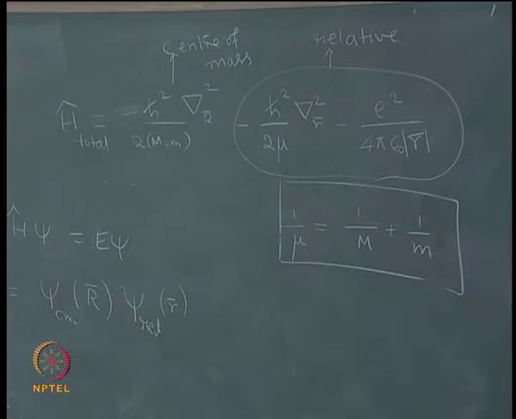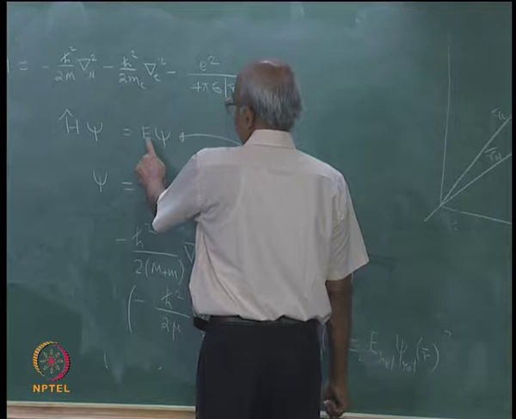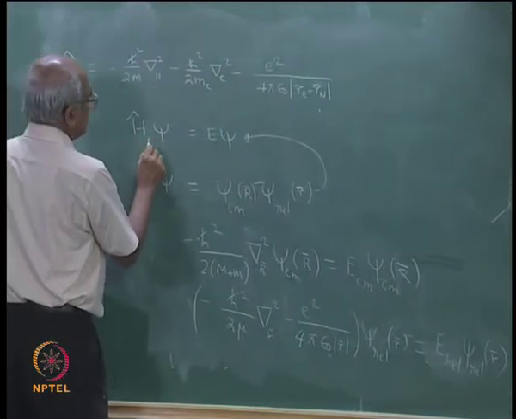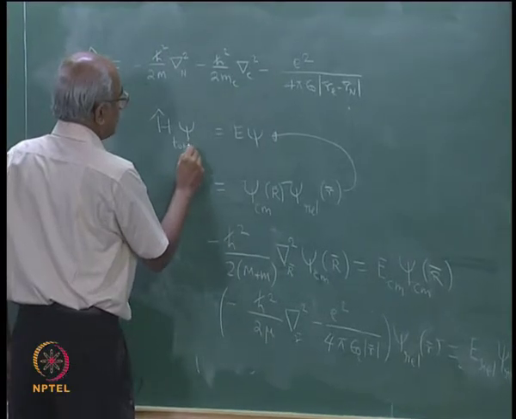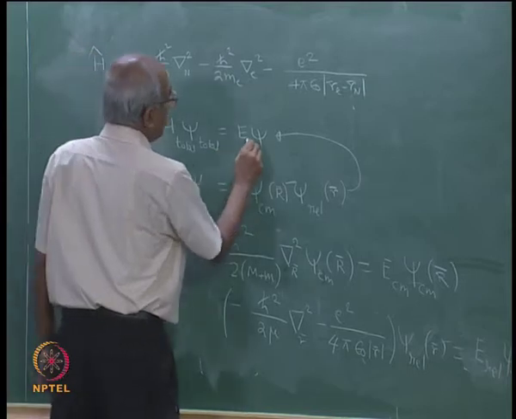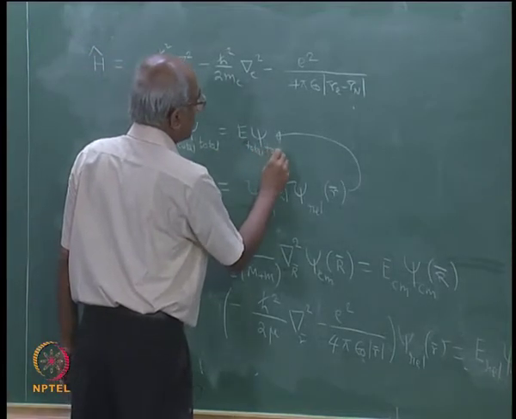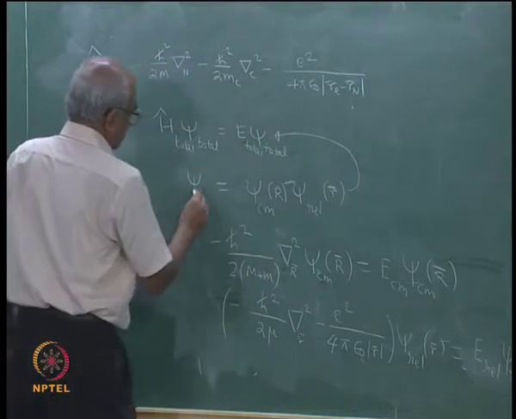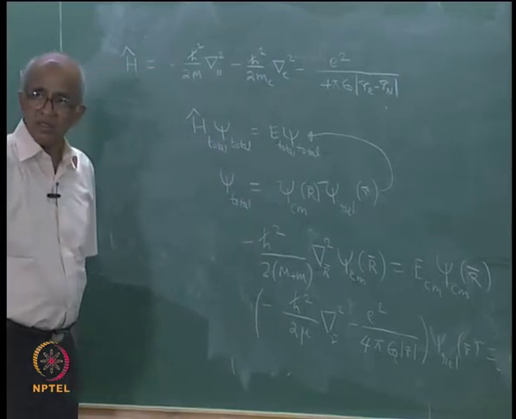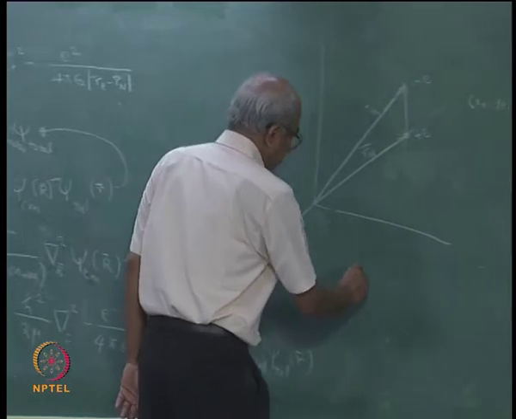Not only that, if you are looking at this psi, here maybe I should put a subscript, this is for the total system, and so this psi will be psi total, and this E will be E total, and this psi will be the total wave function, and what I have written here is the total wave function. So, if you are looking at this E total, what would it be?